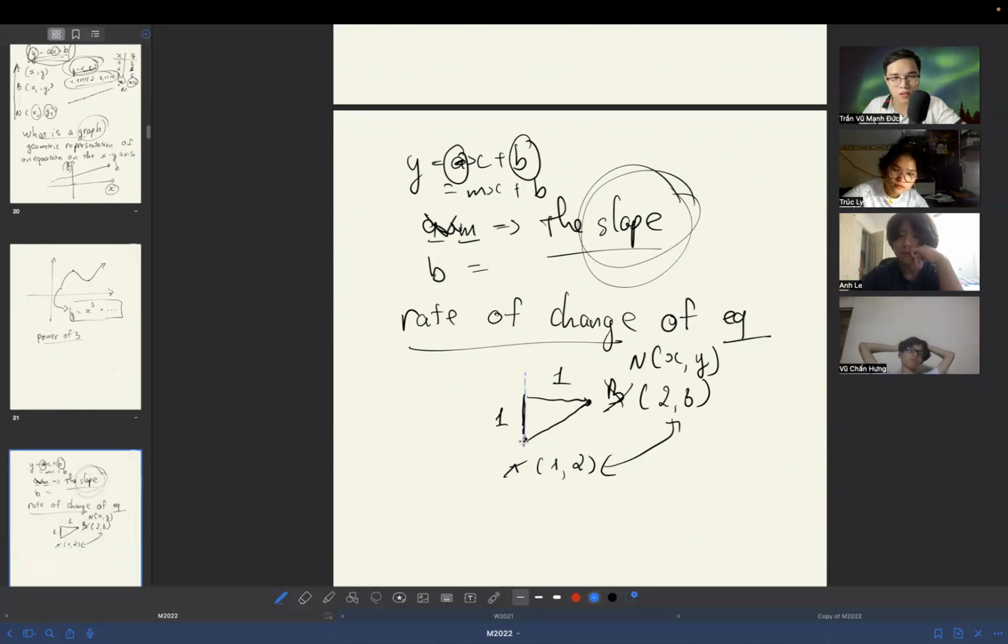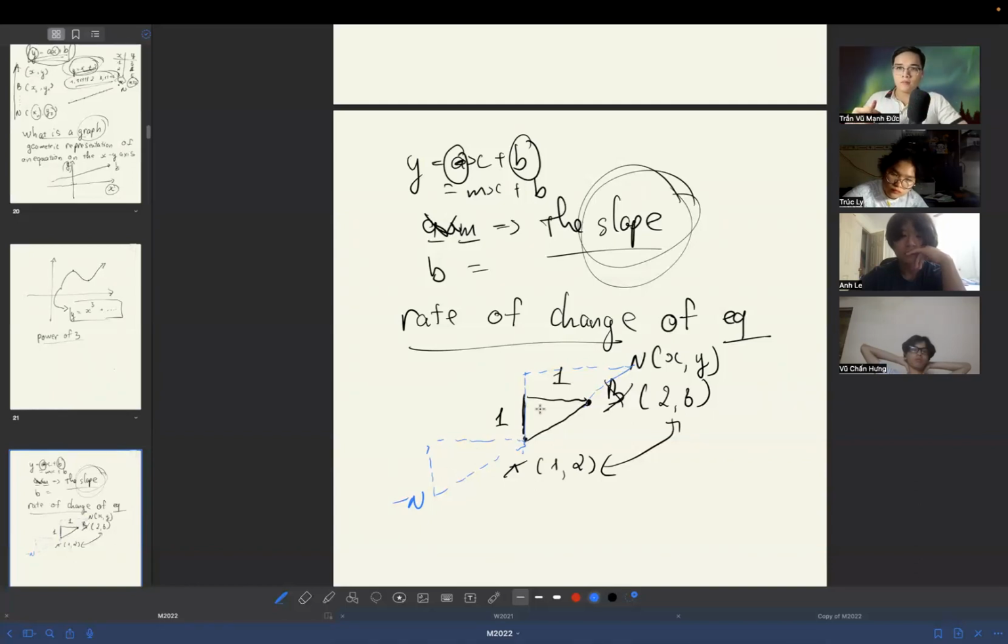This is the rate of change of A and N. So it's not just B, it's any dot on the line or on the graph. You can subtract N here, it will be the same. You see, this is the rate of change.